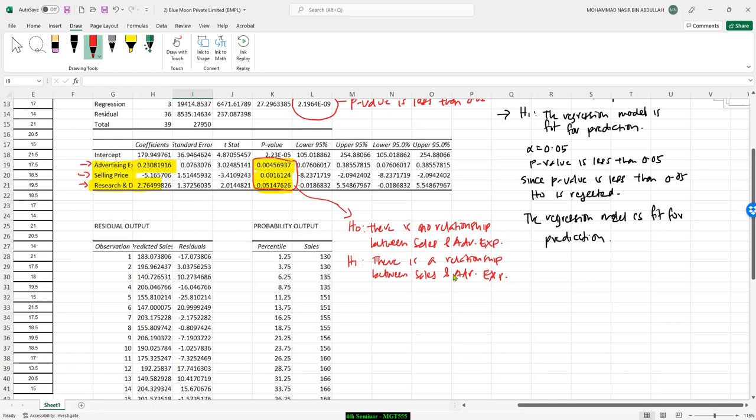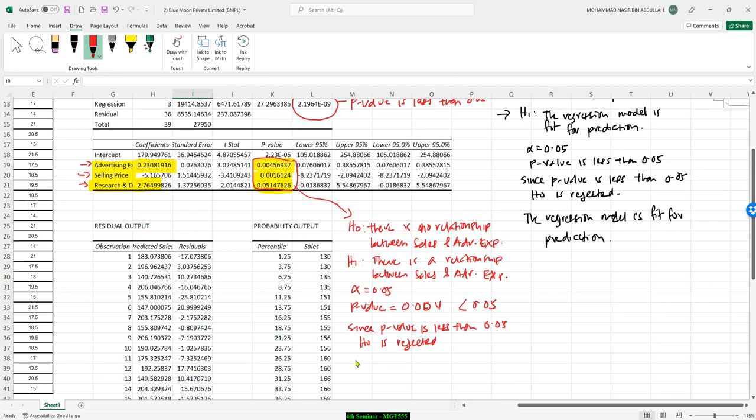So make sure all these steps are in your project report, okay? Alpha is equal to 0.05. The p-value for this one is 0.004, which is less than 0.05. So since the p-value is less than 0.05, the null hypothesis is rejected.